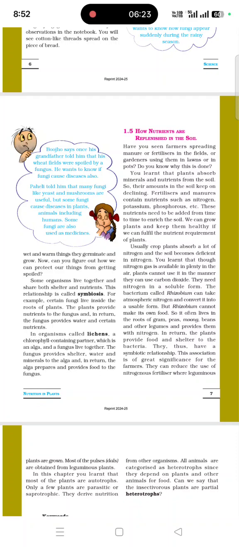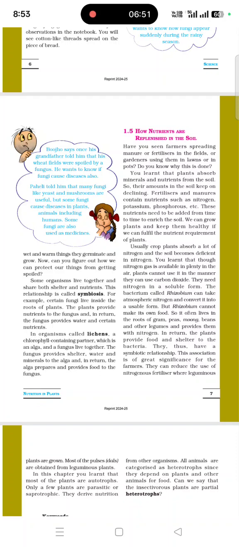The nitrogen in the atmosphere has to be converted into some other consumable form. For this process the rhizobium bacteria help the plant, and in return the bacteria get shelter and food from the plant. They have a mutual relationship, both get benefited, and that is known as a symbiotic relationship.